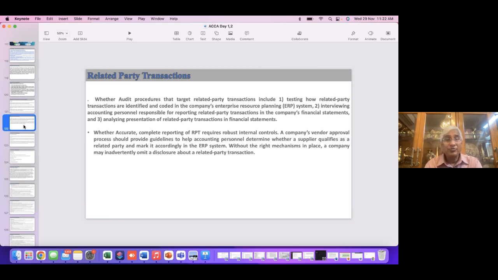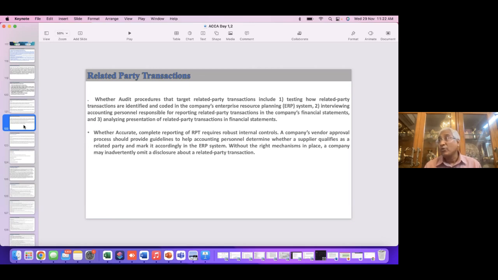So a company's vendor approval process, because basically it can happen in the vendor approval process, or when a company is buying material from some sources, so that source, whether falling under related party or not, must be ensured, and if it's a related party, then the appropriate procedure for measurement of pricing and also the related procedure for disclosure has been taken care of, and to help accounting personnel determine whether a supplier qualifies as a related party and mark it accordingly in the ERP system.